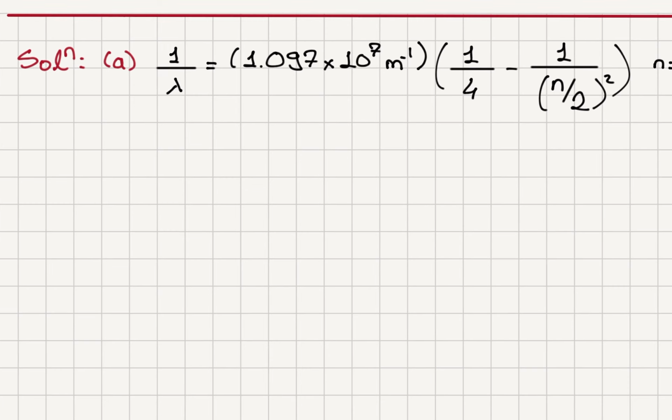Now if I substitute the smallest possible number, n equals 5, what would I get?